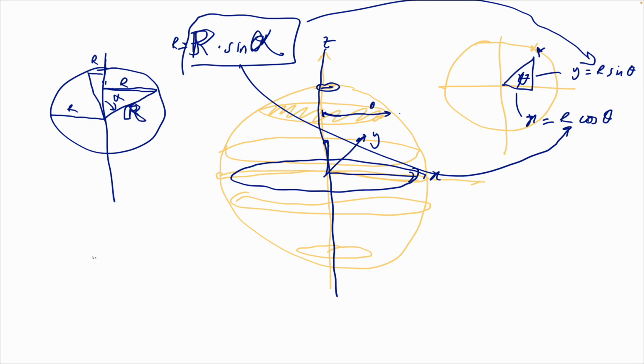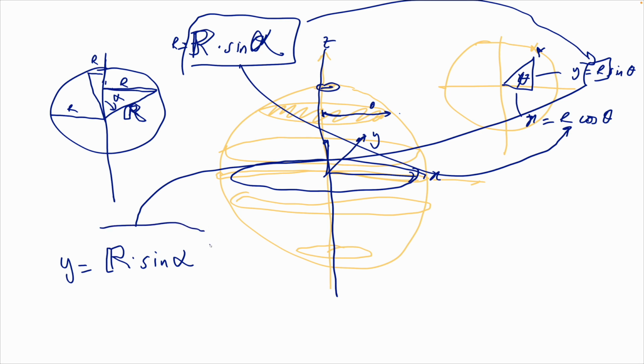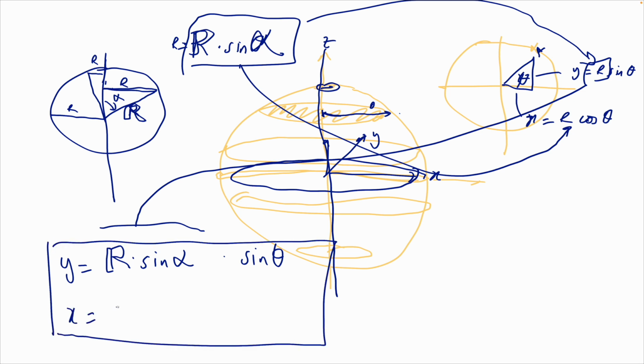So just to summarize there, we then have y equals, instead of that r, the big R of the actual radius of the marble, that's this thing here, dot sine alpha, and then sine theta. And then we've got something very similar, sine alpha cos theta.